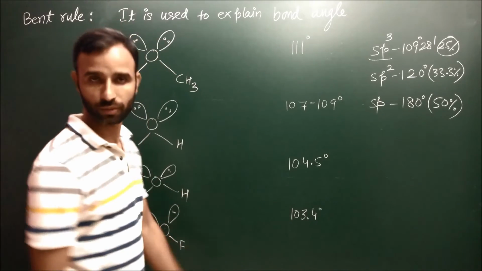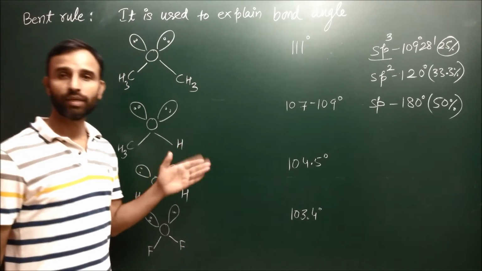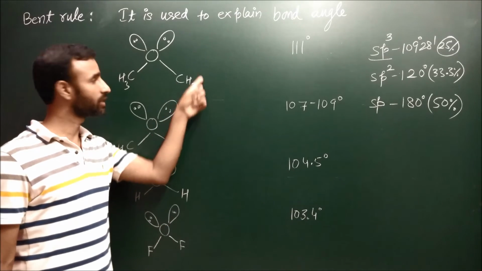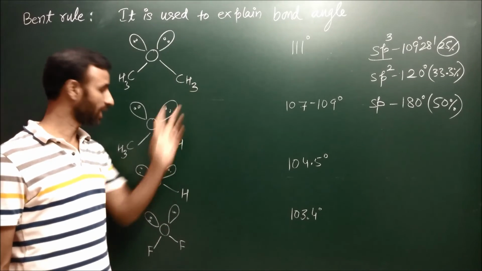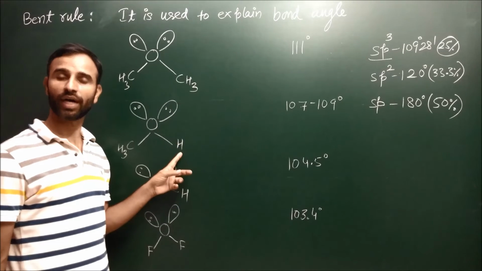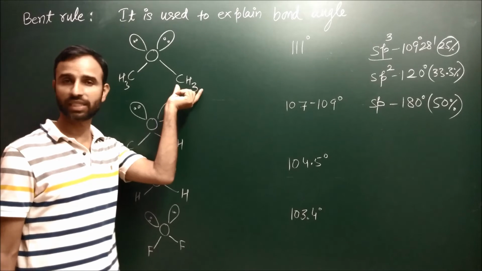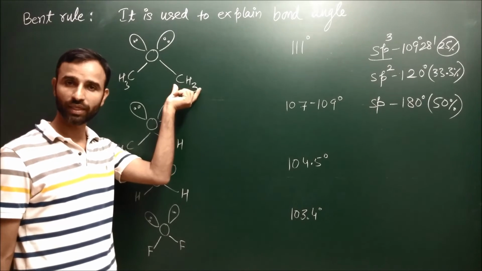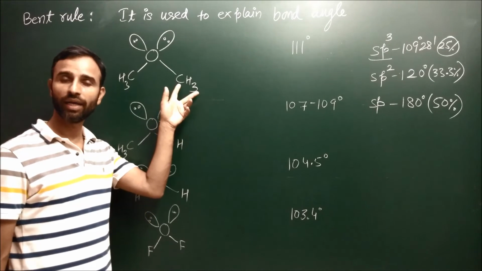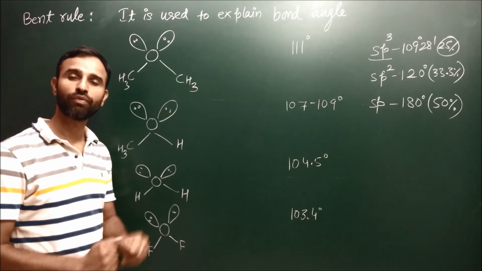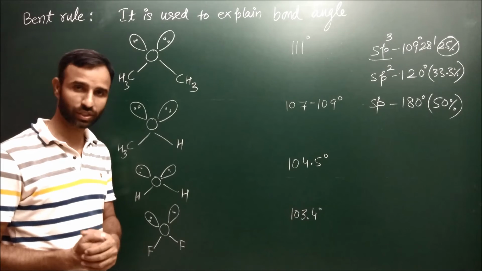Now come to this. In Bent's original paper, methyl is considered as less electronegative than hydrogen. Why is it so? Because he considered its group electronegativity, and methyl decreases the acidic character of carboxylic acids.